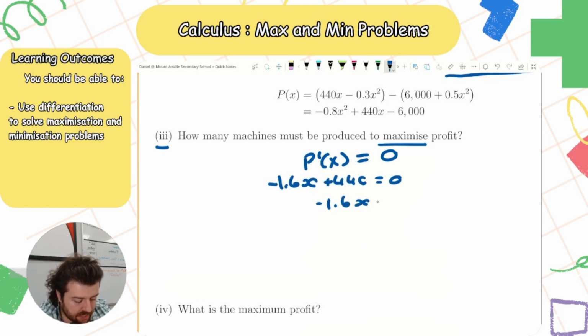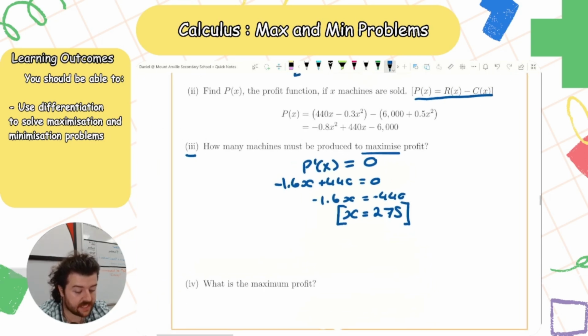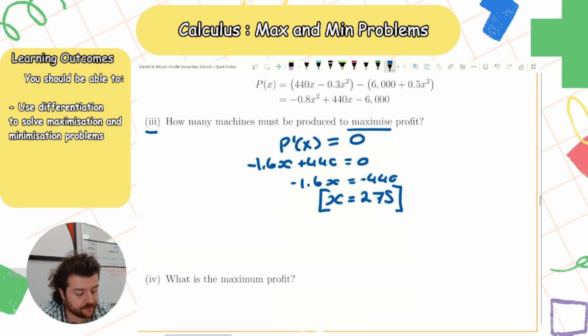Minus 1.6x equals minus 440. Minus 440 divided by minus 1.6 is x equals 275. So in order to maximize my profit, I need to sell 275 machines.